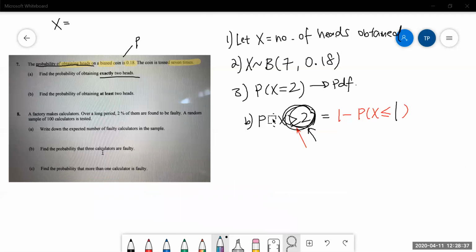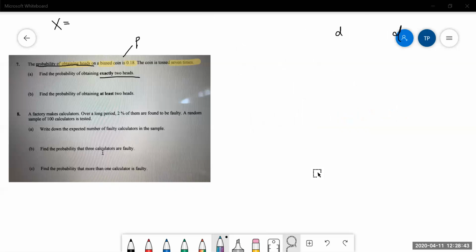What's question 8? Okay, question 8. A factory makes calculators. Over a long period, 2% of them are found to be faulty.